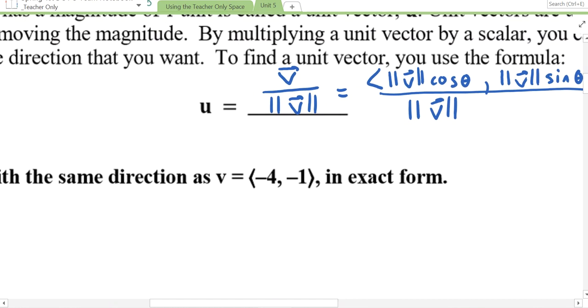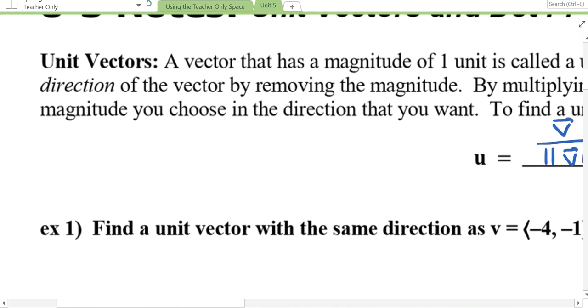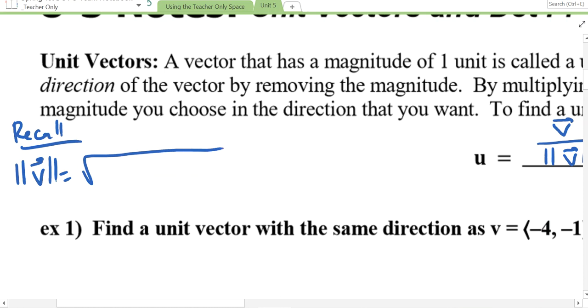All right, so what you have to do is, you're going to be given some vector in its component form, and you're going to have to, recalling from last semester, find the magnitude of vector v. It's equal to the square root of the change in x squared plus the change in y squared. Remember that?